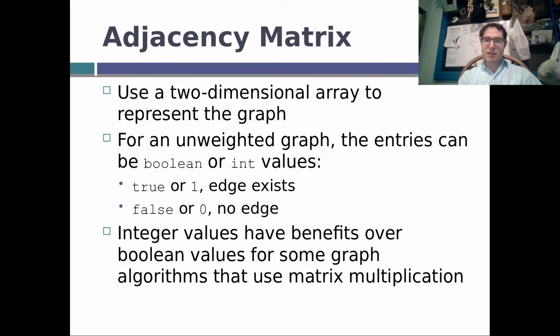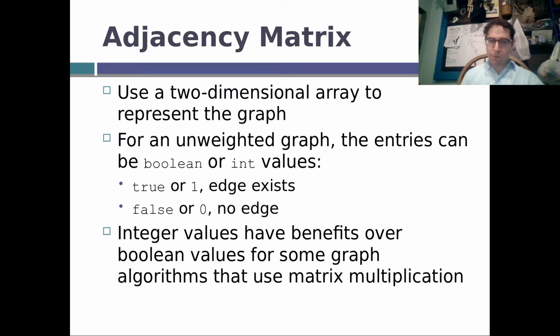The other way is an adjacency matrix, which is a two-dimensional array used to represent the graph. For unweighted graphs, this is a fairly straightforward way of doing it. It can be a 2D array of booleans or a 2D array of integers: true or 1 for an edge, or false or 0 if there's no edge.